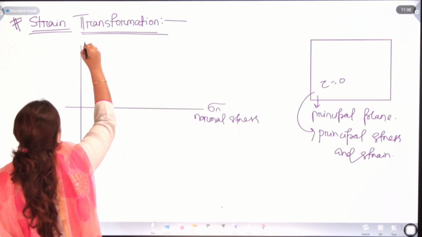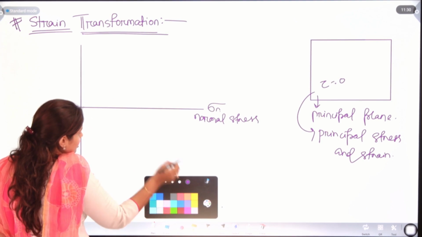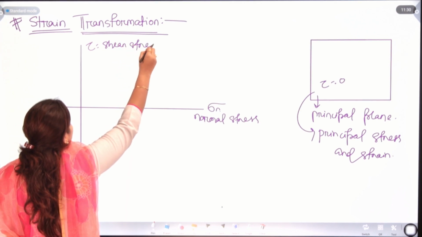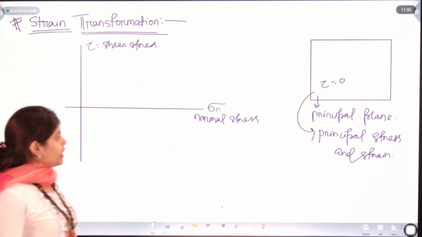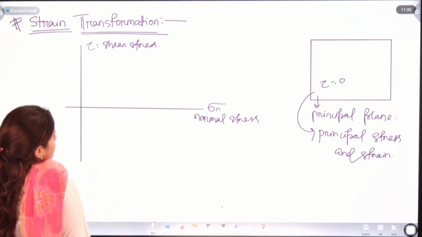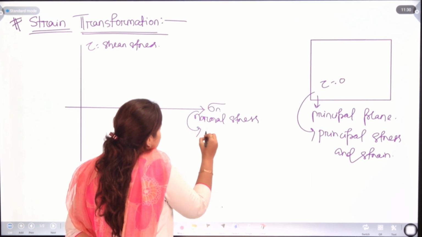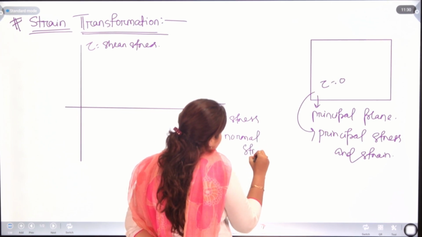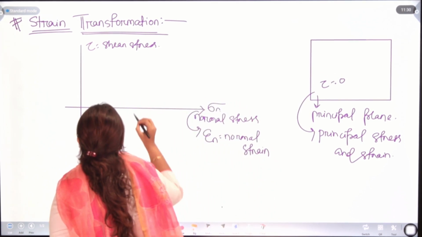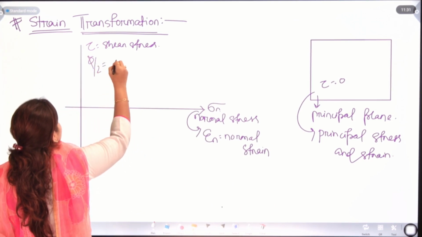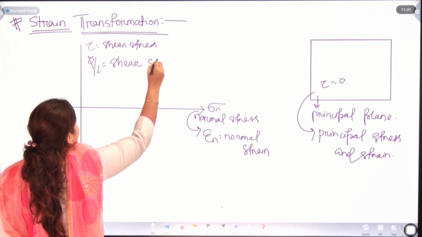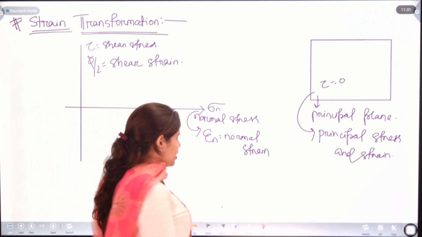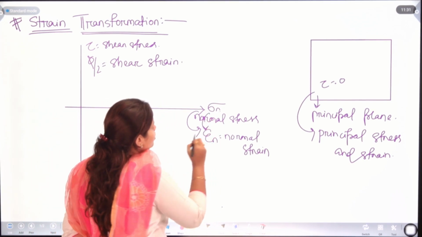And the y axis is for tau, that is shear stress, in case of finding principal stresses. Now this x axis will be epsilon n, that is normal strain, and phi by 2, that is shear strain, right? Here sigma n is similar to epsilon n.